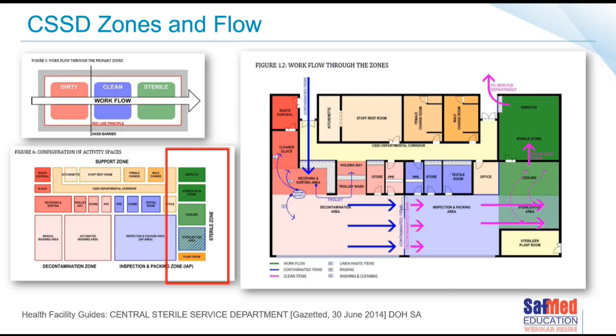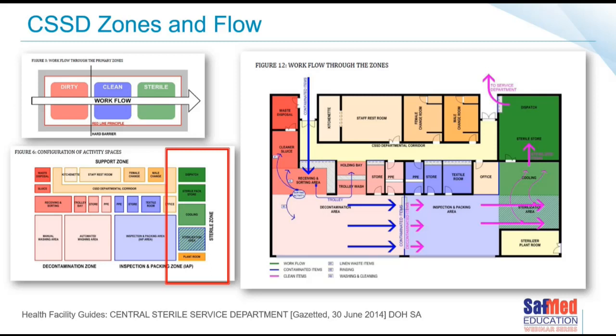And we also know that the CSSD area, as we said, is divided into the various zones. Of course, today, the zone that we are going to focus on is the sterilization area, the cooling area, and the sterile store, sterile pack, and then on to the dispatch area. If you look at all of the arrows, they demarcate the flow and the correct flow.